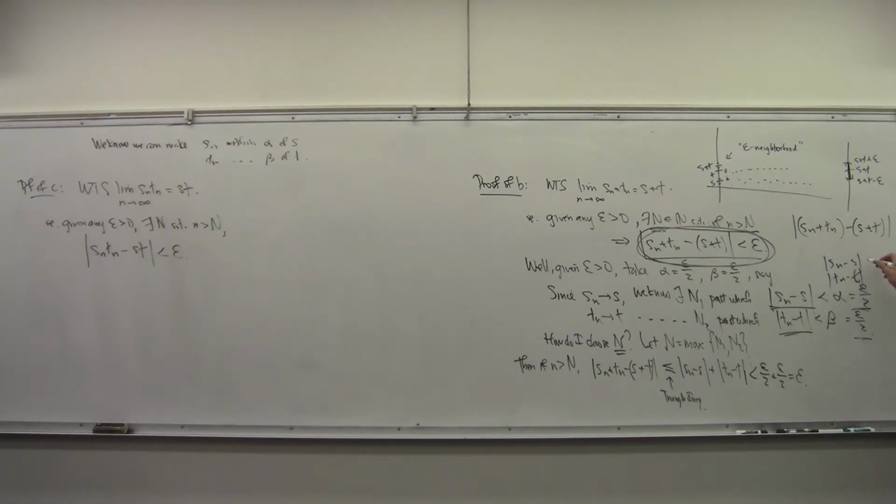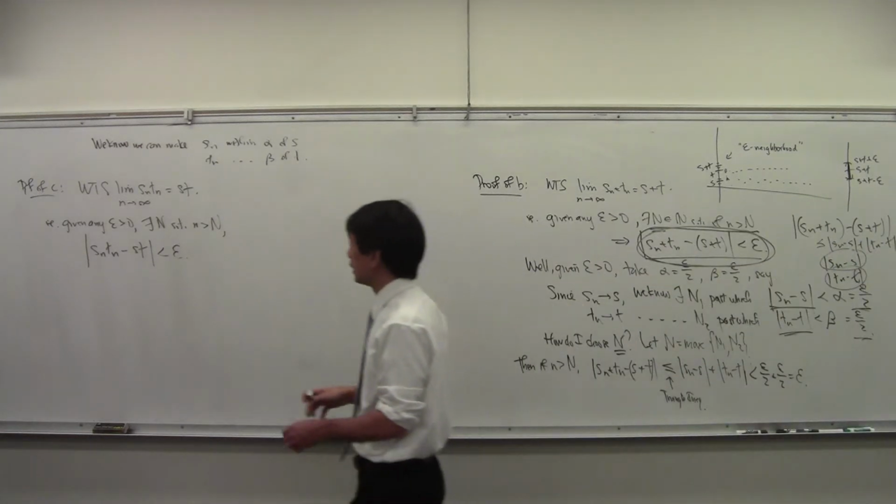We have control over these two things, and we were able to work that into here via the triangle inequality, which gave us this. And then our individual controls resulted in a control over this thing. Okay, so we're going to try something similar over here.